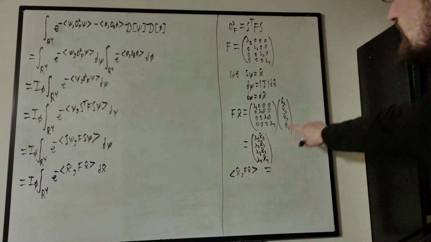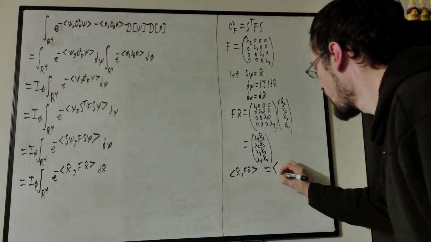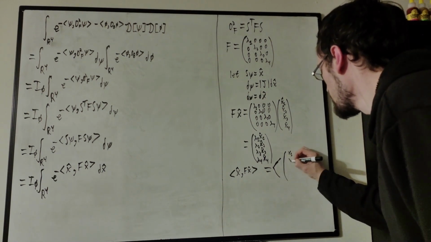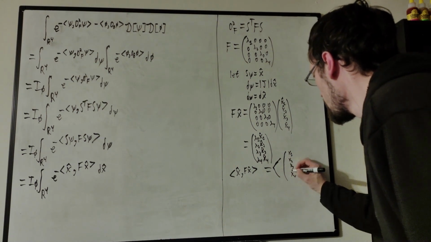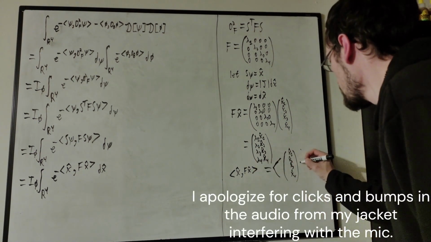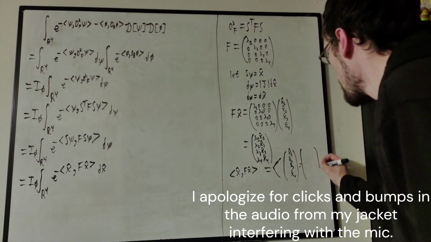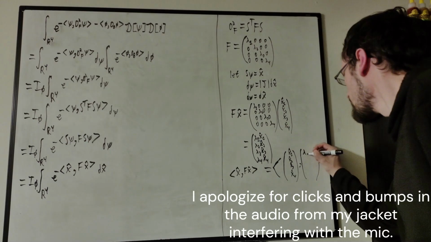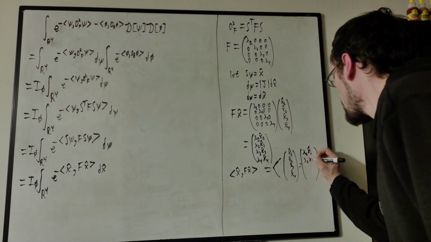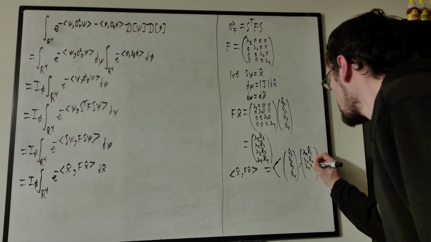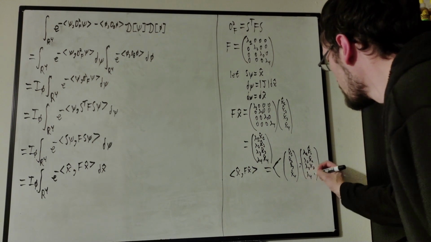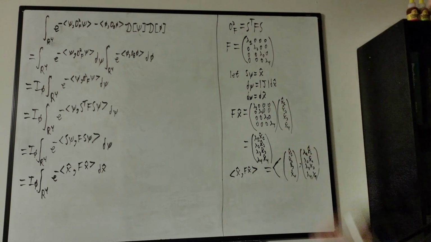But this is just going to equal the four vector x sub 1, x sub 2, x sub 3, and x sub 4, then acting in conjunction with this four vector here, then we have lambda sub 4 x sub 4.